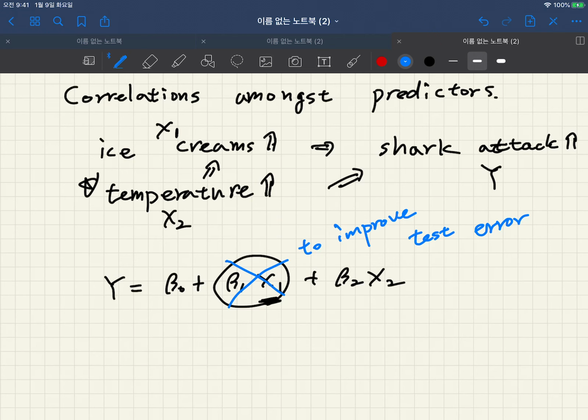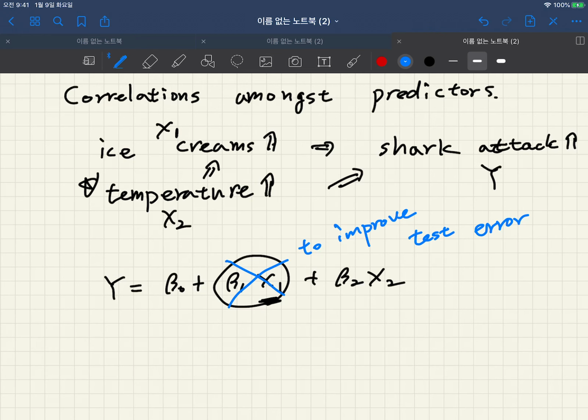You have to very carefully consider how to choose the relevant input predictors. That is one of the best ways to improve your very important test error rather than training error.